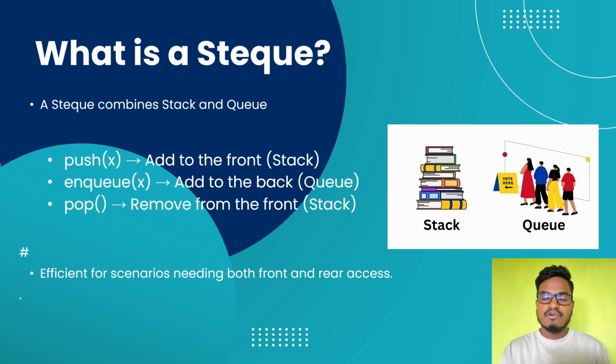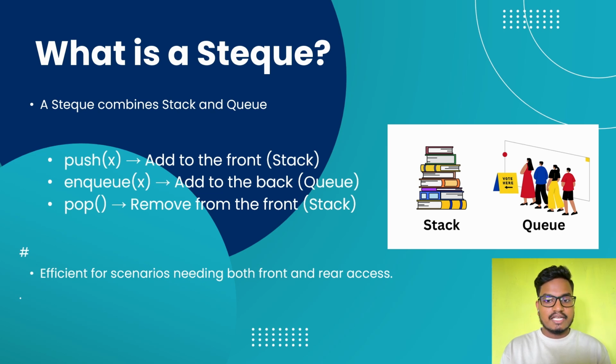LIFO versus FIFO. Let me explain these two concepts briefly. LIFO stands for last in, first out. Imagine stacking books. The last one you placed on the top is the first you remove. And FIFO stands for first in, first out.